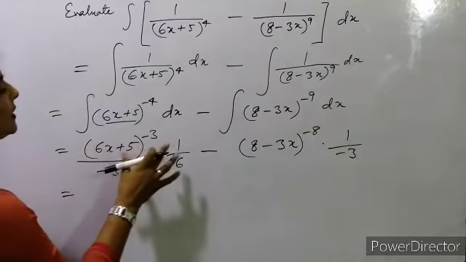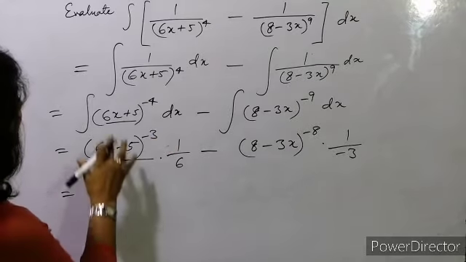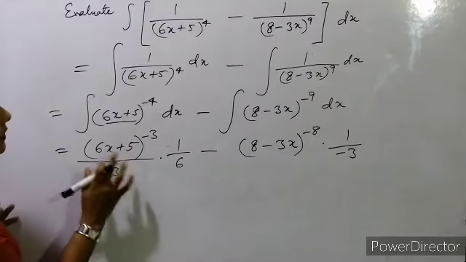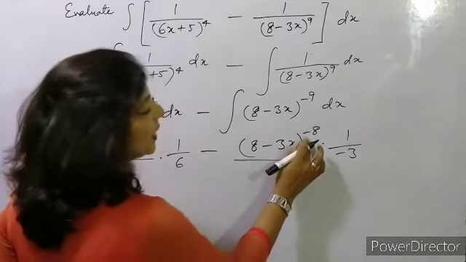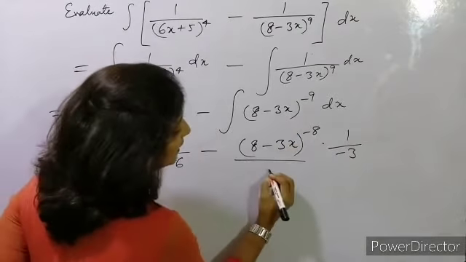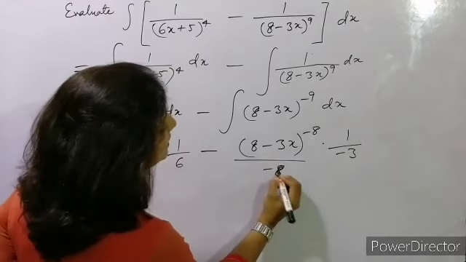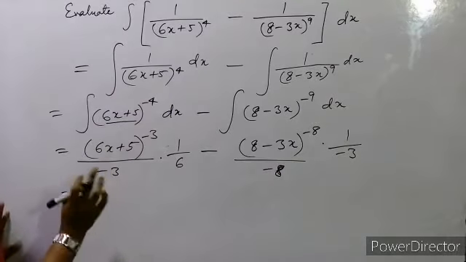In both the cases what we are doing, sorry, one more thing we just left here: minus 8 is the power, so we have to divide it by minus 8.